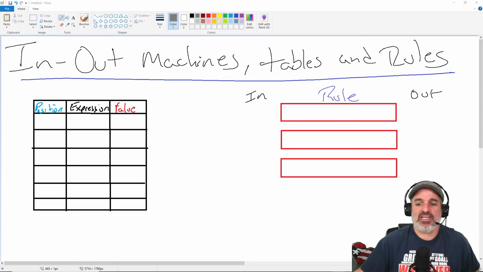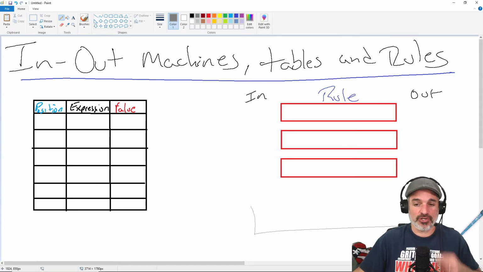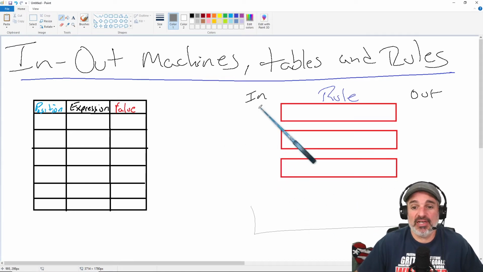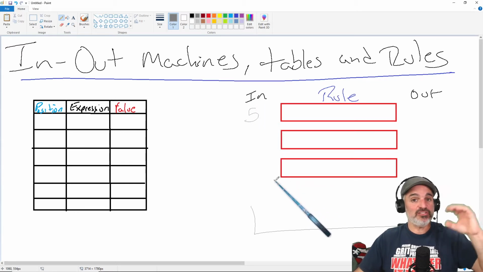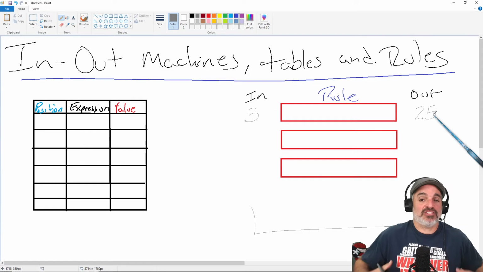For example, let's take a look at this example here. This is the easiest question that you're going to get, okay? Where I give you a number, for example, let's say 5. 5 goes into the machine, and I tell you that 25 comes out. And I ask you, what is the rule?